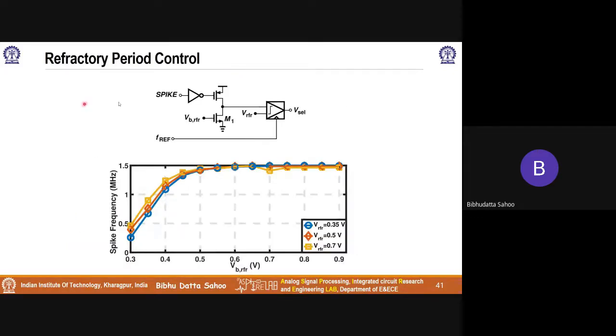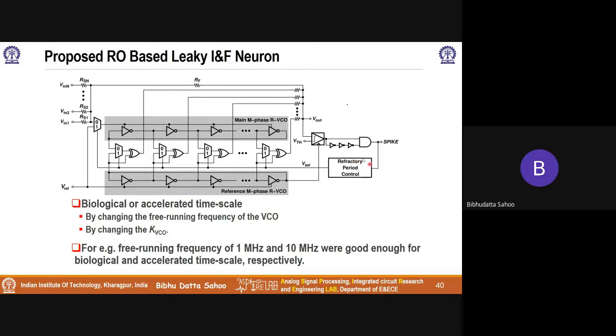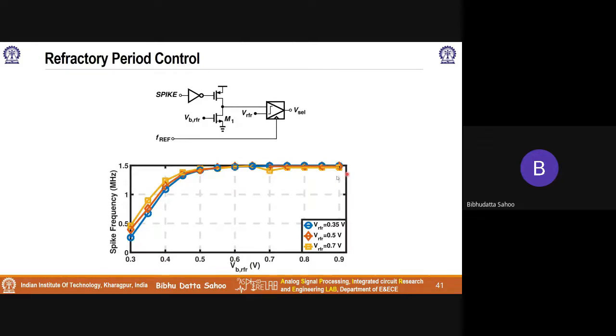Now how do you control the refractory period? The spike that comes in has to be appropriately delayed. If I want that, when B comes in, the A neuron should not fire, it should fire less frequently compared to the B one, let us say. So how do I make sure that the A neuron doesn't fire? We'll have the spike coming in, going to a current starved inverter followed by a comparator.